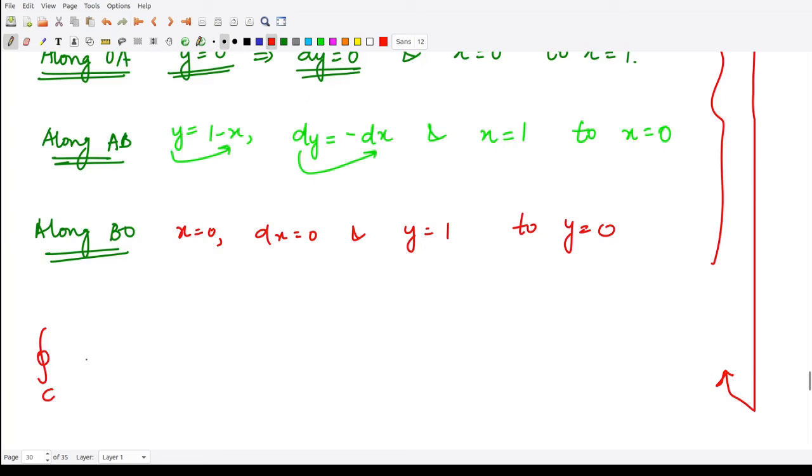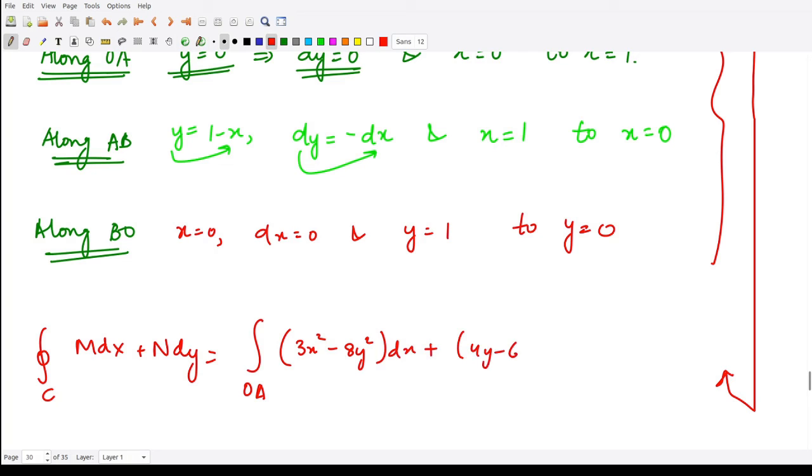So our closed integral over C of m dx plus n dy now becomes equal to the integration over OA of the quantity 3x square minus 8y square dx plus 4y minus 6xy dy, right? So this is the first quantity.